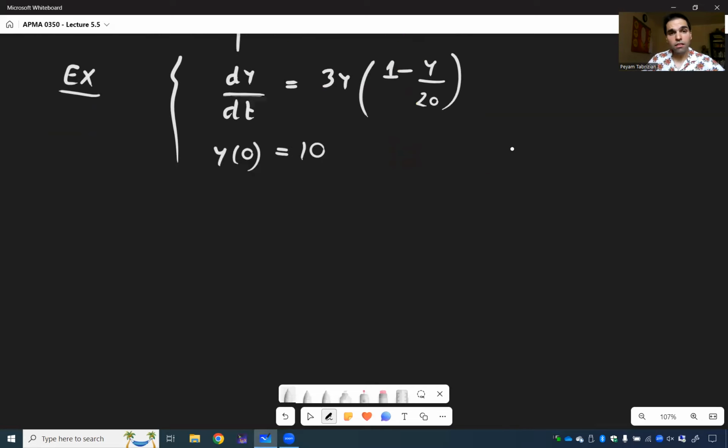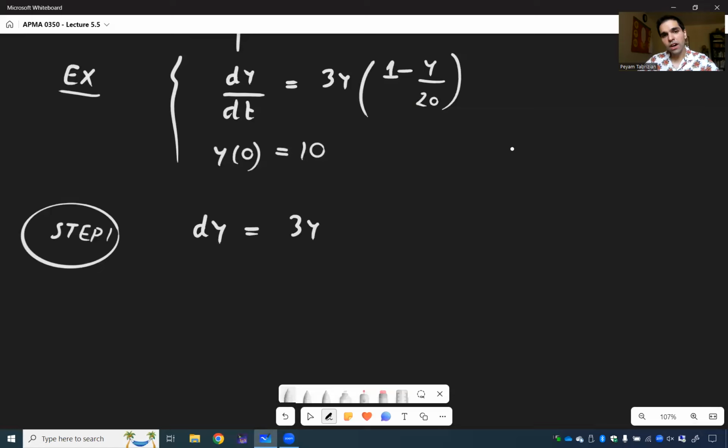Okay. Well, just like before, separate variables. So put the dy on one side, dt on the other side. So dy equals 3y times 1 minus y over 20 dt. And then let's divide by all those y terms.